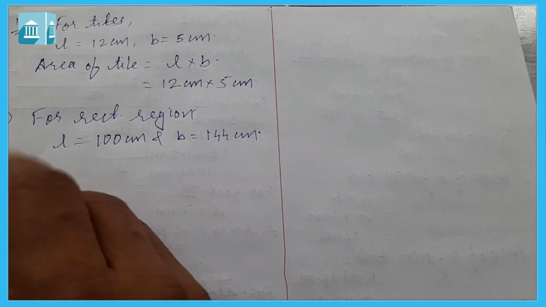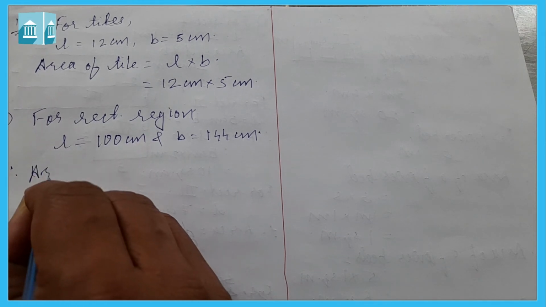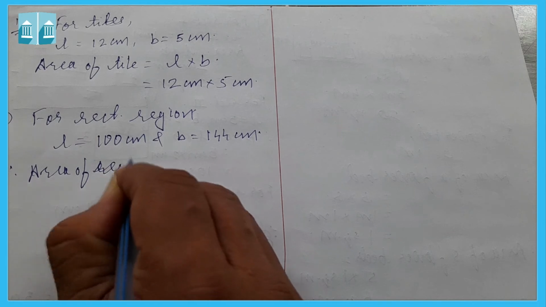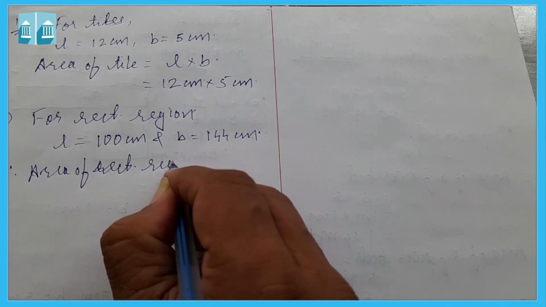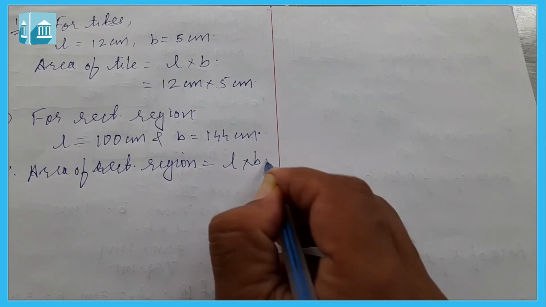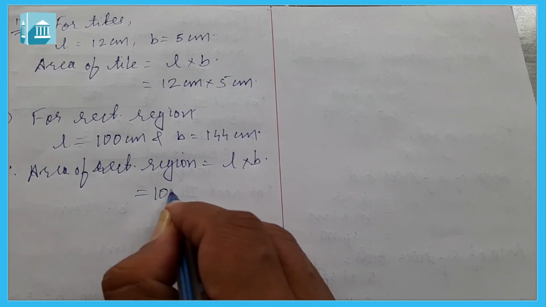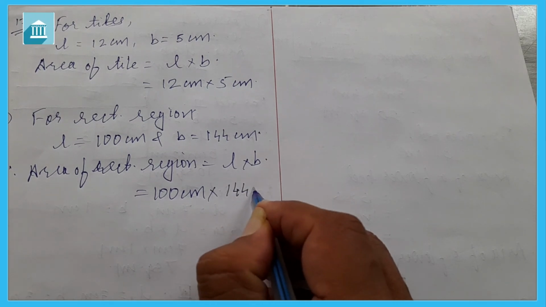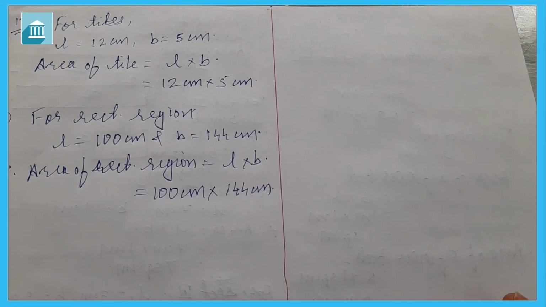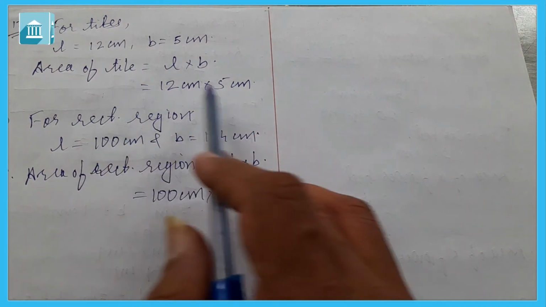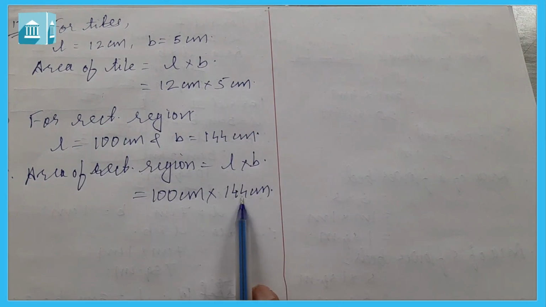So we can say that the area of the rectangular region is equal to L into B, that is equal to 100 centimeter into 144 centimeter. So this is the area of a tile, and this is the area of the rectangular region. Now we have to find out the number of tiles.